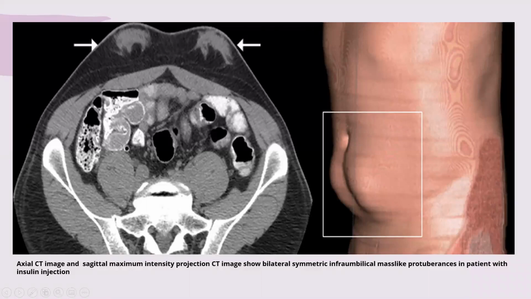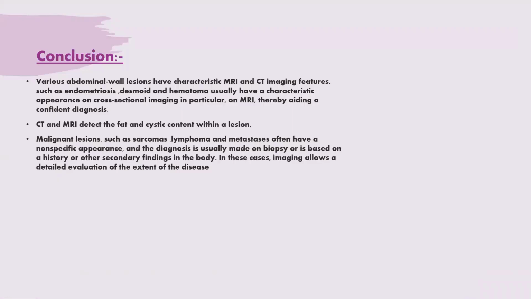Conclusion: various abdominal wall lesions, such as endometriosis, desmoid, and hematoma, usually have characteristic appearance on cross-sectional imaging, particularly on MRI, thereby aiding a confident diagnosis. CT and MRI detect the fat and cystic content within the lesion.